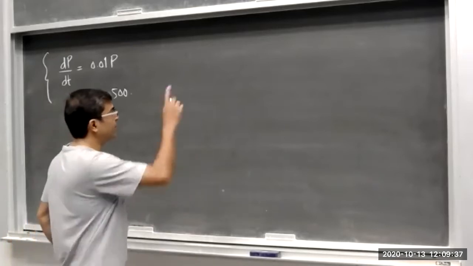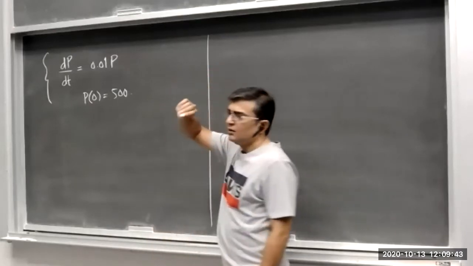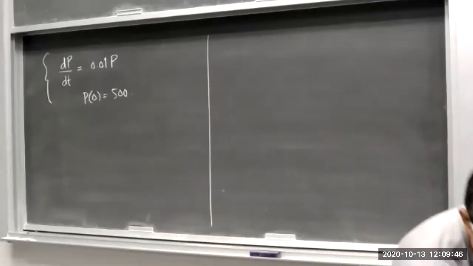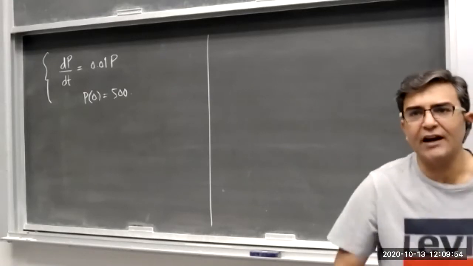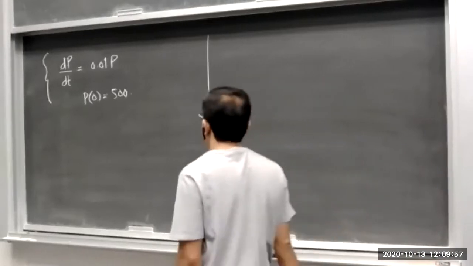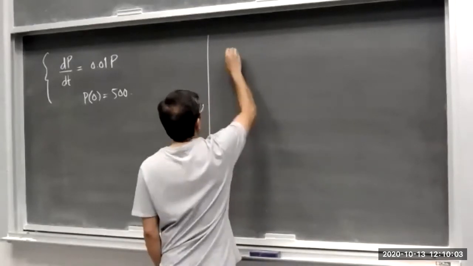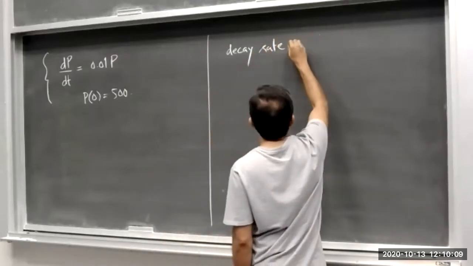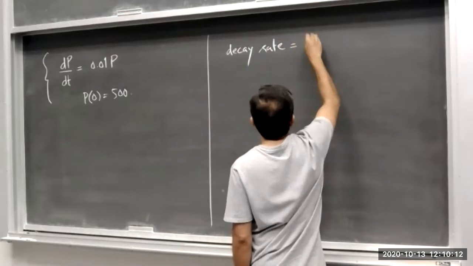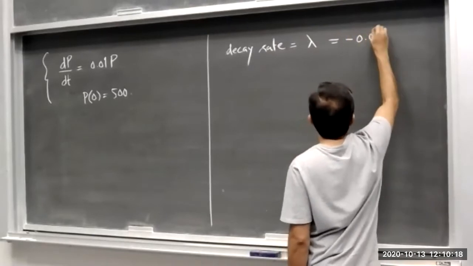In addition, if in this example we also say that the bacteria die at 5% rate each hour, then the decay rate or decreasing rate is, you can say K, maybe lambda, and the decay rate is 5%, means negative 0.05.